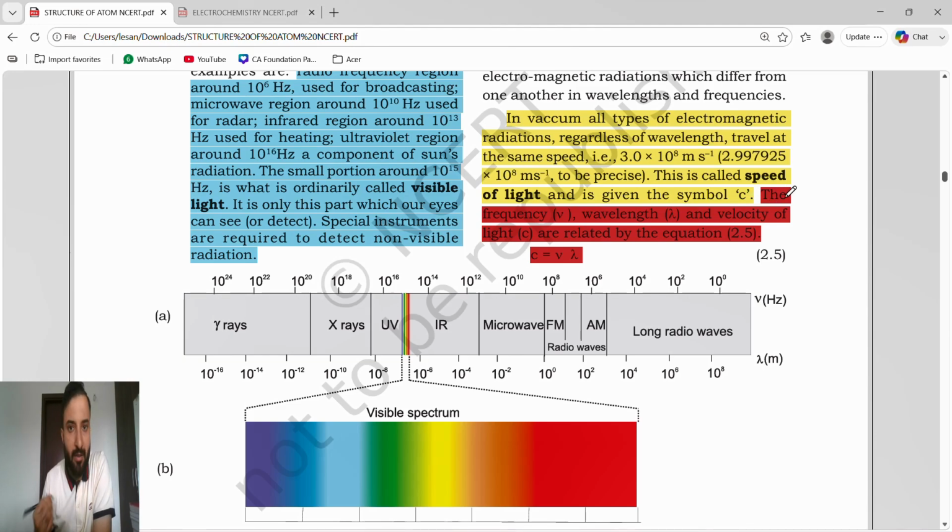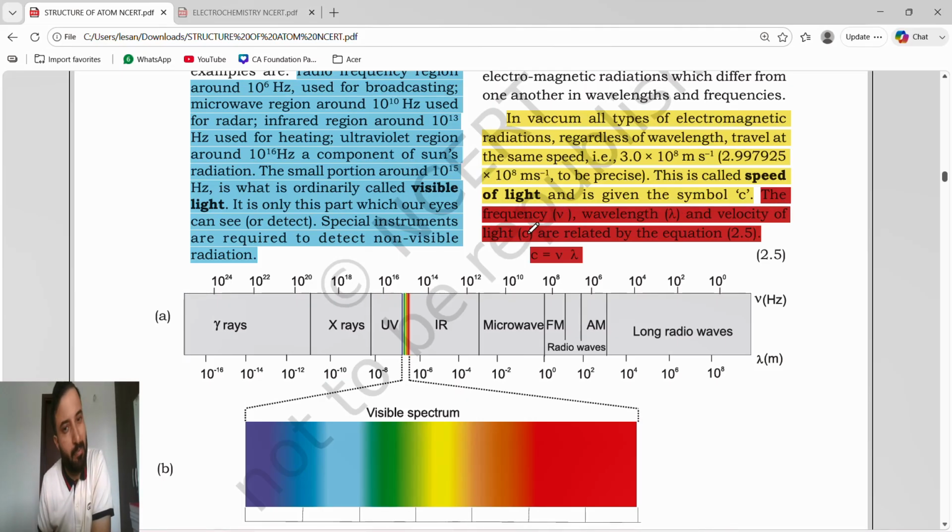Now this is important, guys. Many times they ask this formula in the examination. By using this formula we find the numericals. So what is this formula, guys? C, we know, is the speed of light, this nu is the frequency, and this is lambda. So this relation is nothing but frequency, wavelength, and velocity of light, guys.